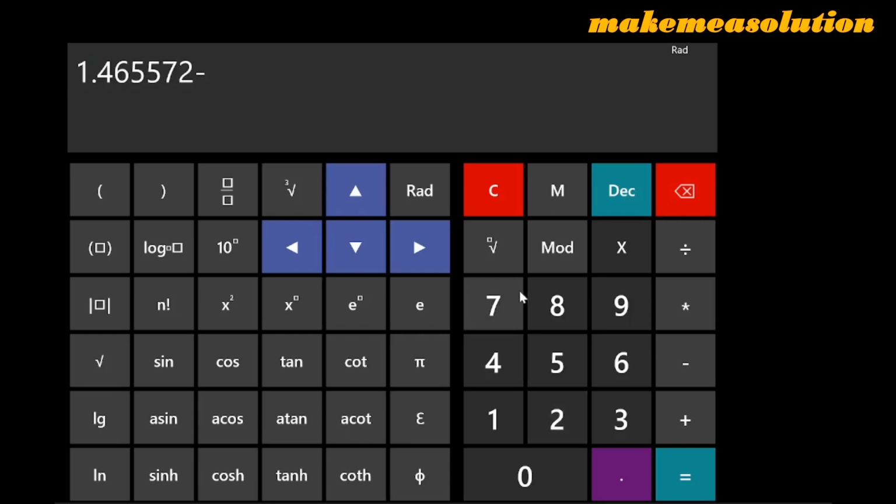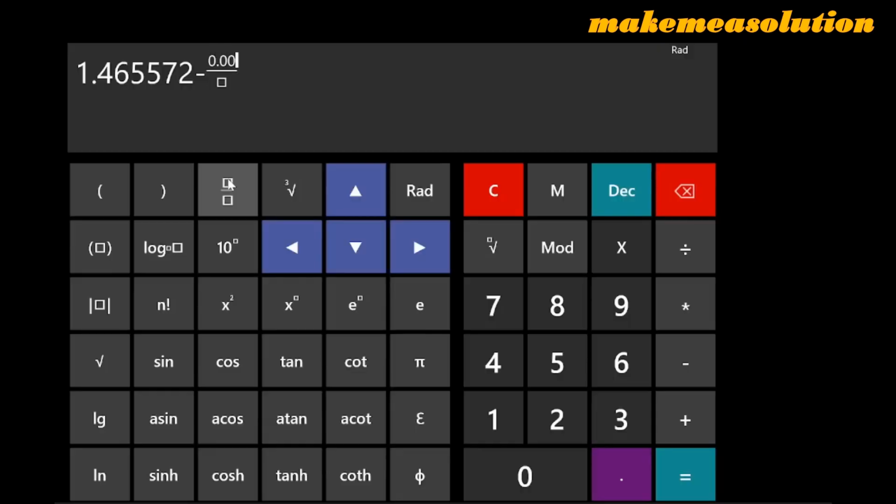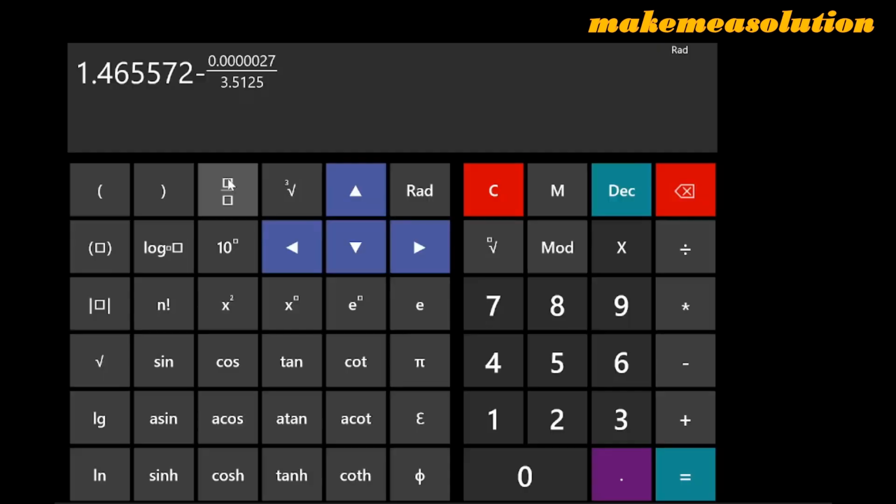so it's going to be like this: 1.465572 minus the ratio 0.002000027 divided by 3.512560.